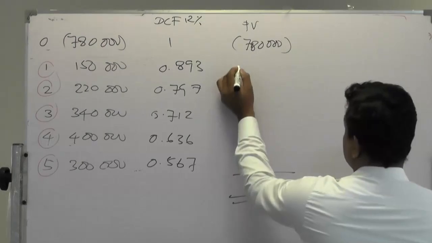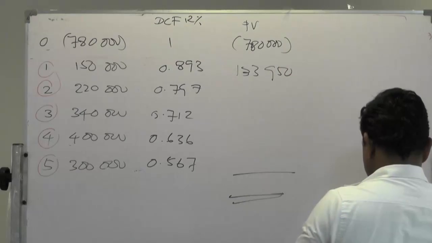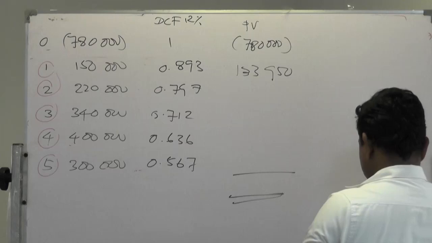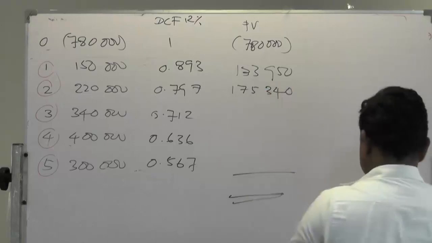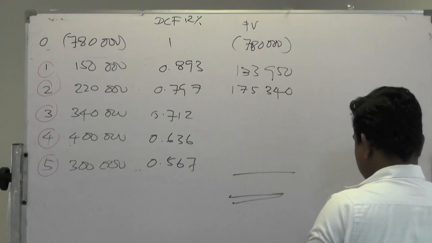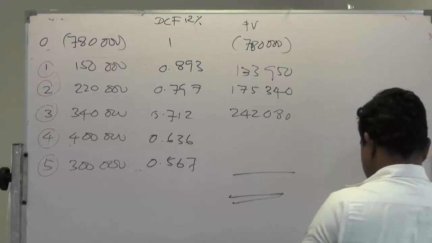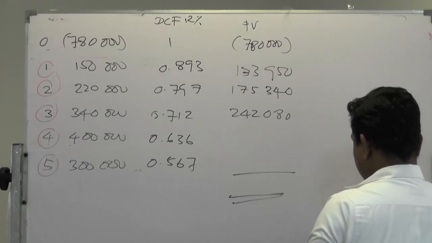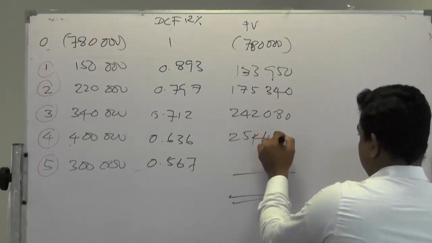0.893 into 150,000, that is 133,950. 0.797 into 220,000, 175,340. 0.712 into 340,000, 242,080. 0.636 into 400,000, 254,400.